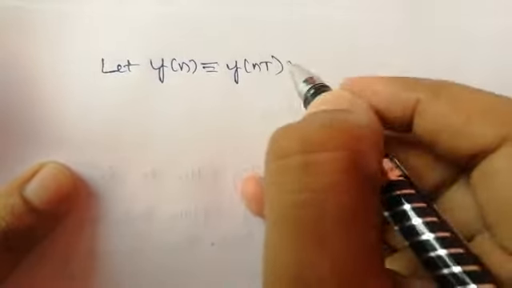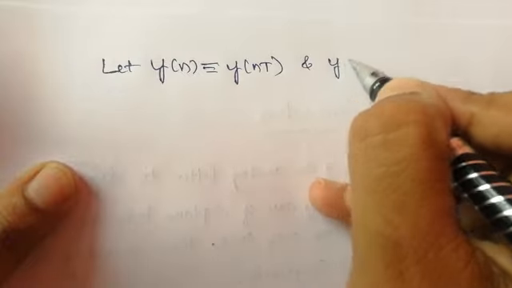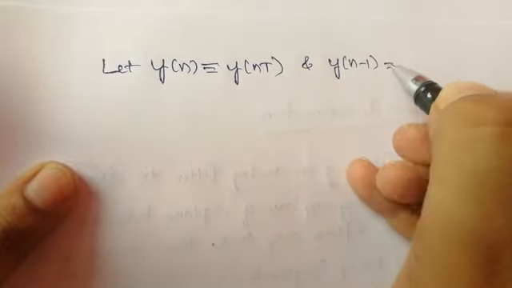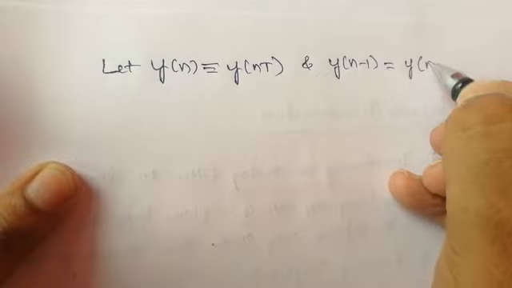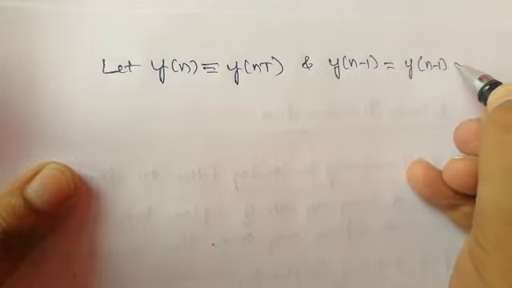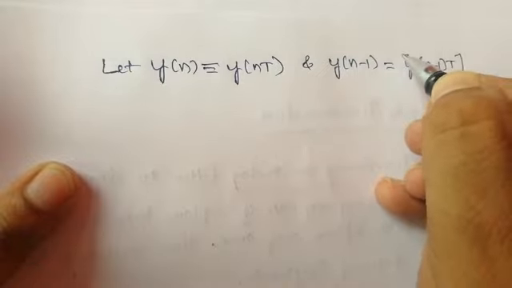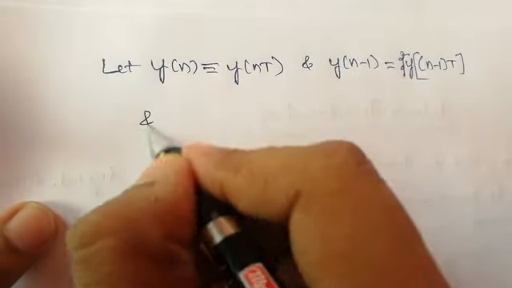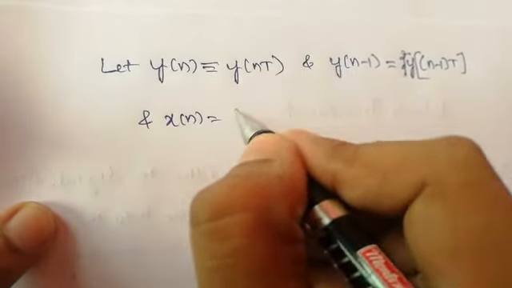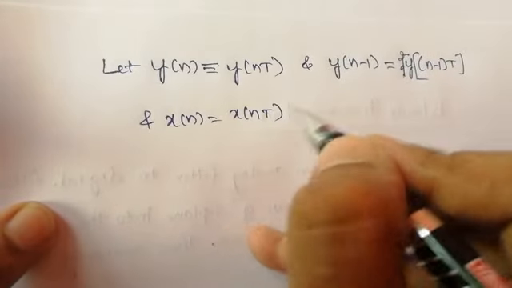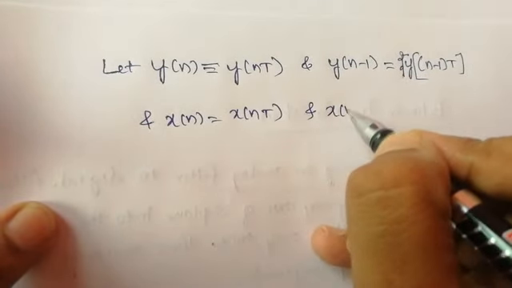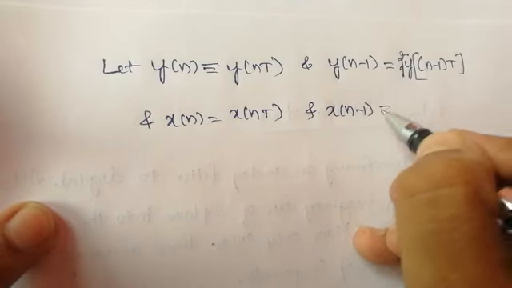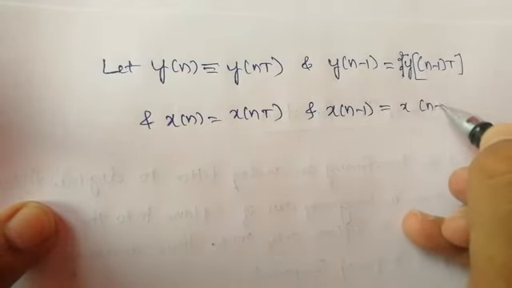Similarly, y of n minus 1 is equal to y of n minus 1 into T. Similarly for x, x of n is equal to x of nT, and x of n minus 1 is equal to x of n minus 1 into T.